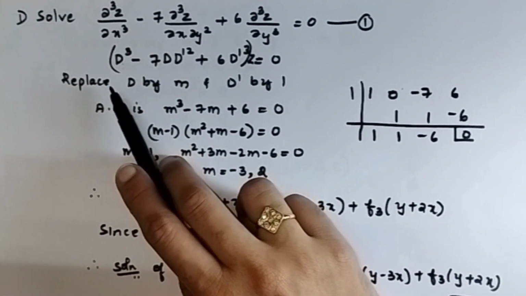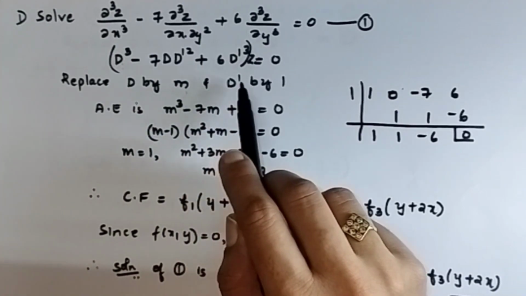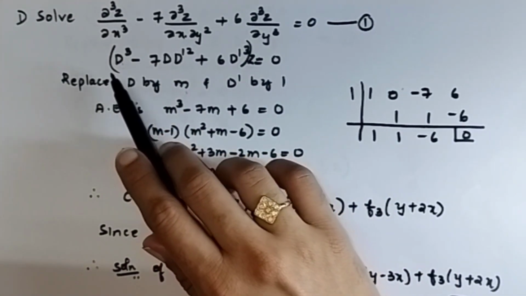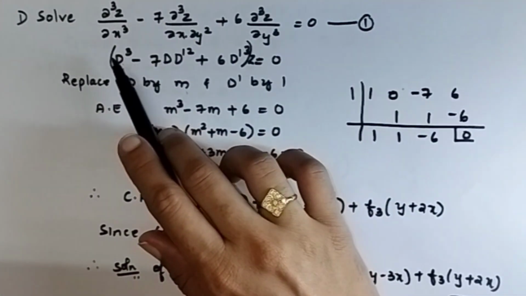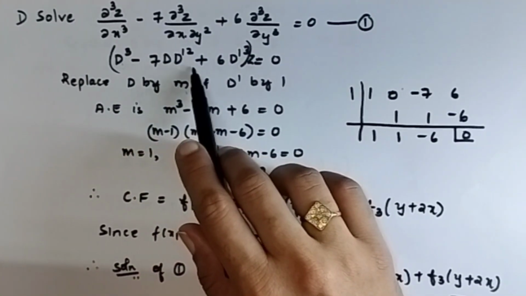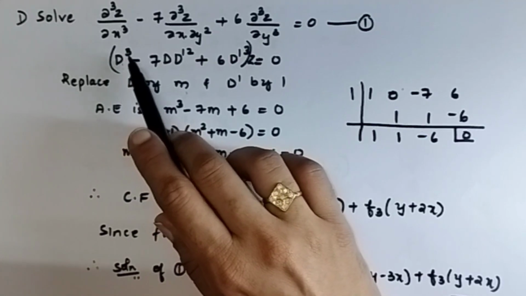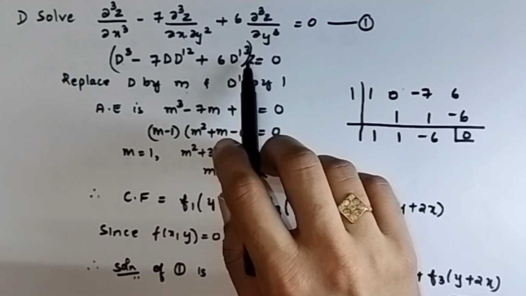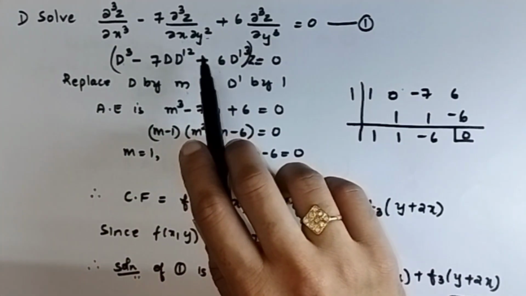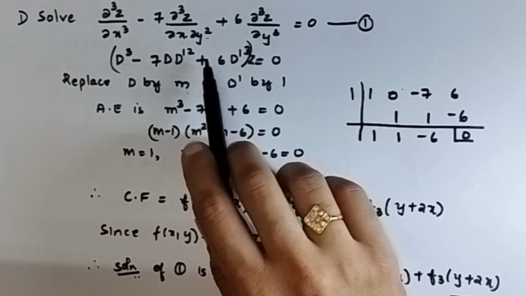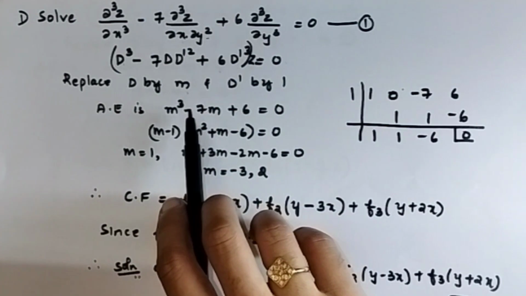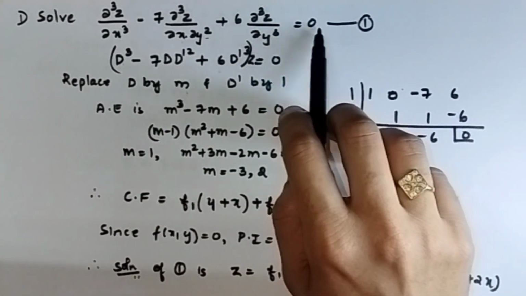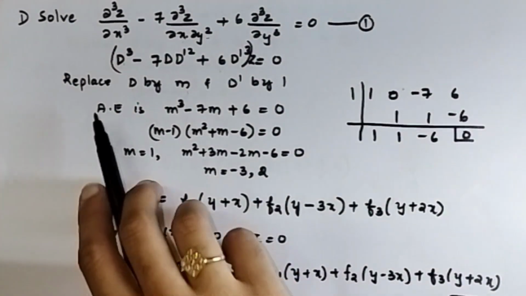So now replace d by m and d dash by 1. There are no independent d and d dash factors, just it is a polynomial of d and d dash, and it is homogeneous because each term has partial derivative of order 3. Therefore, you have to find out the complementary function. General solution contains only complementary function because right hand side is 0, no need to find out particular integral.